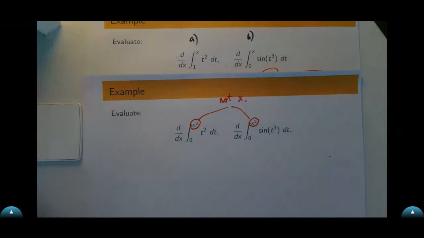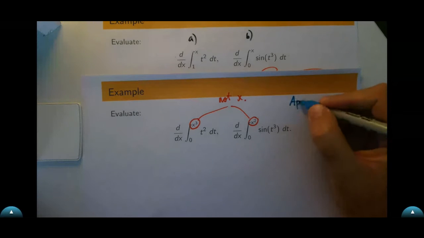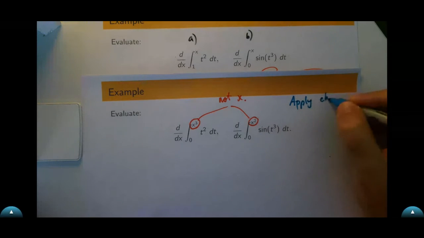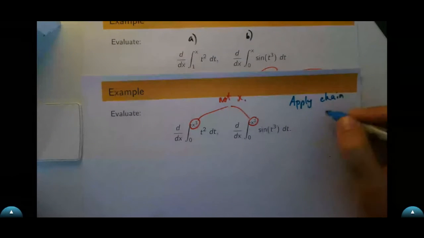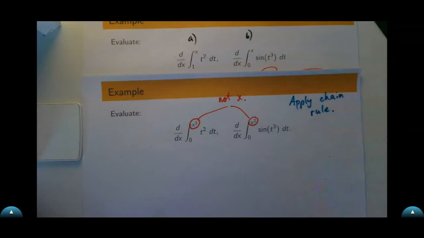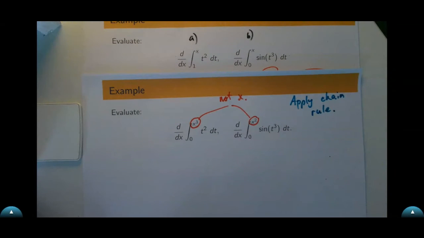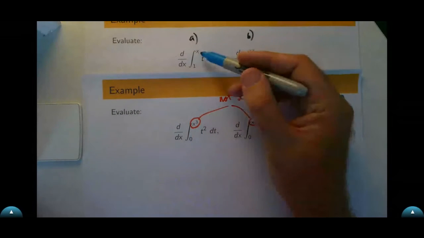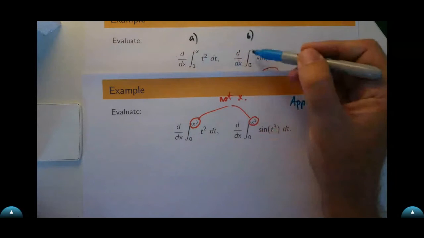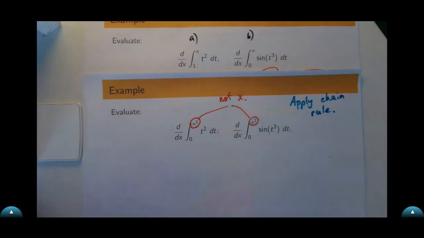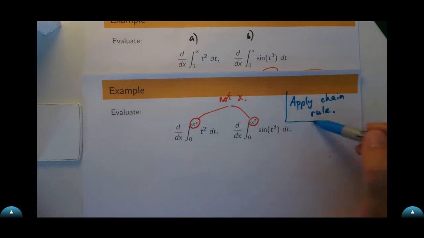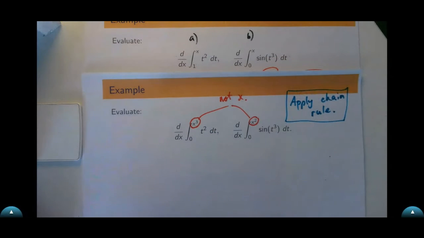So one strategy for these ones is to apply the chain rule. So when you don't have this nice, constant x in your integrals, the chain rule is usually a suitable place to start.